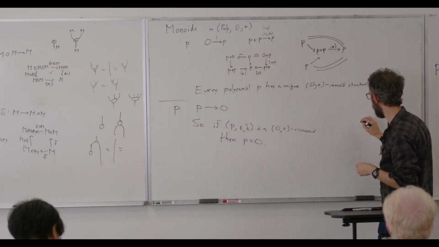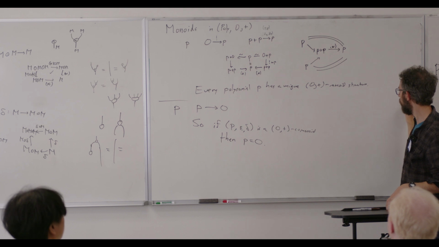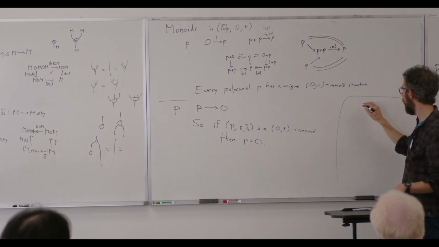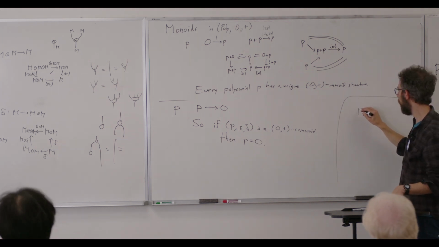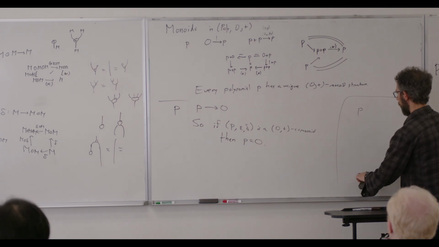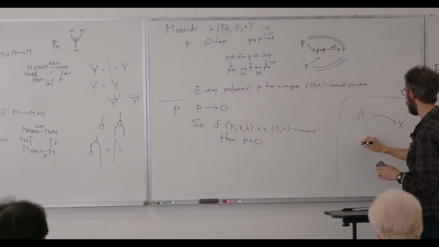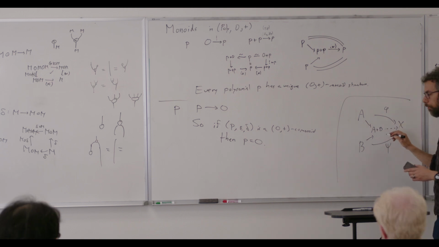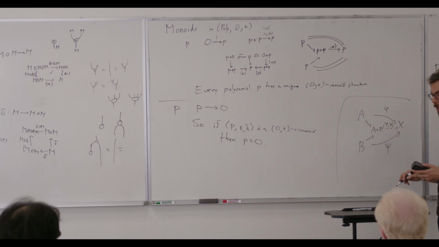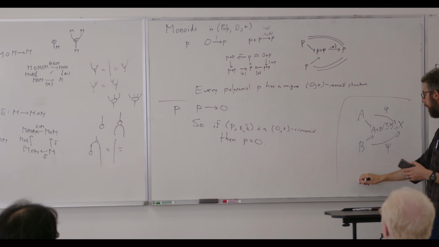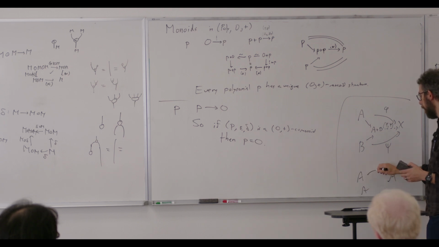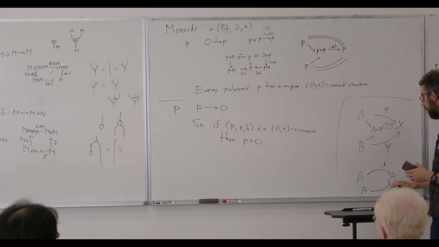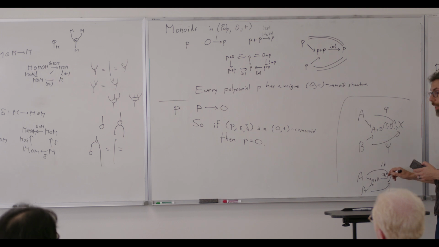So if you have a category with coproducts, if C has coproducts, like Poly does, then if you have a map from A to X and from B to X, and this one's called phi, and this one's called psi, then you get a map from A plus B to X, and it would be called like phi comma psi. Okay, well, what if A, B, and X were all the same? And this was identity, and this was identity. Then, well, identity is the name of a map from A to A.